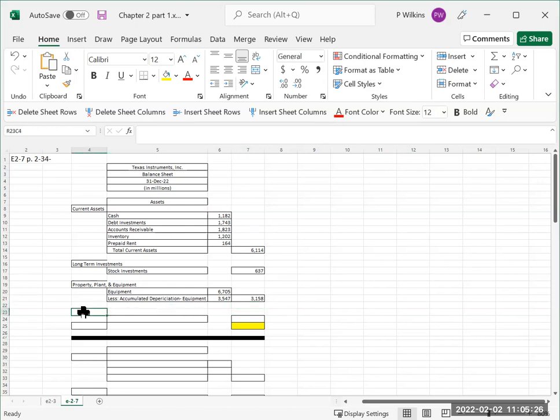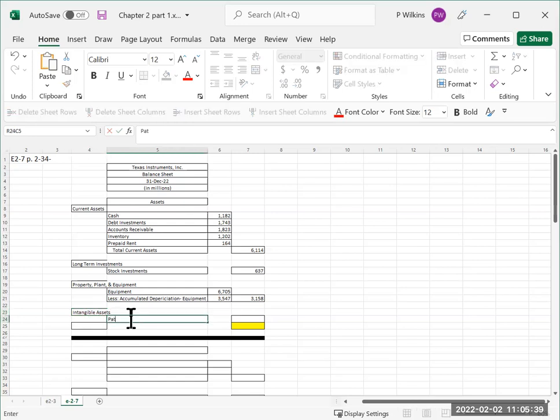We're then going to do the next section, which is the intangible asset section. Intangible assets. And under intangible assets, we had patents. Just one, patents. So 2210. So there's just one, so it's pushing all the way over to the right.